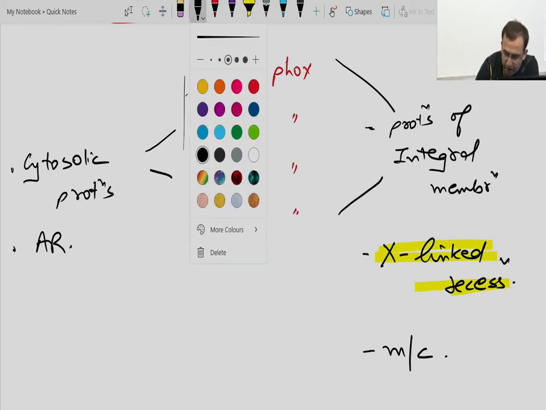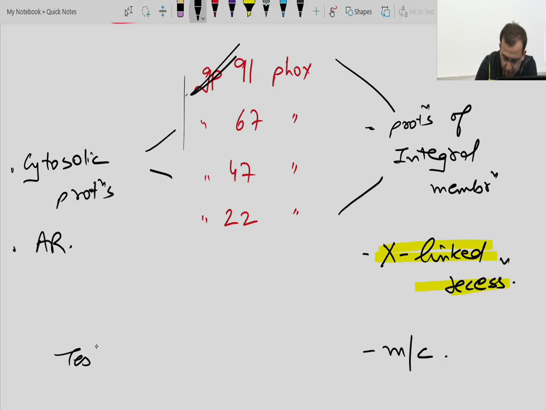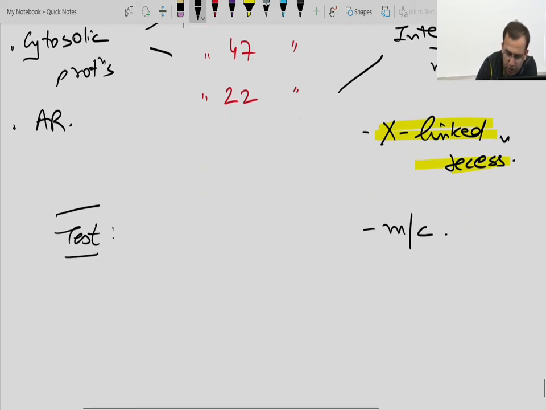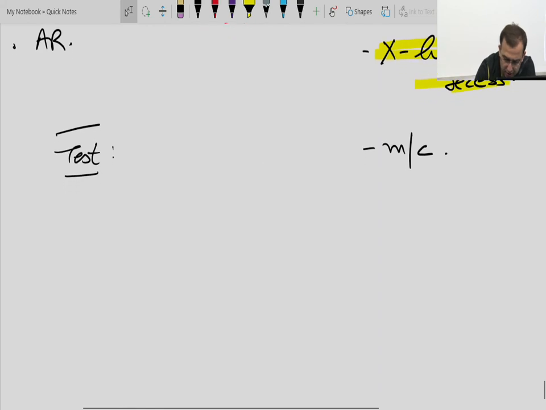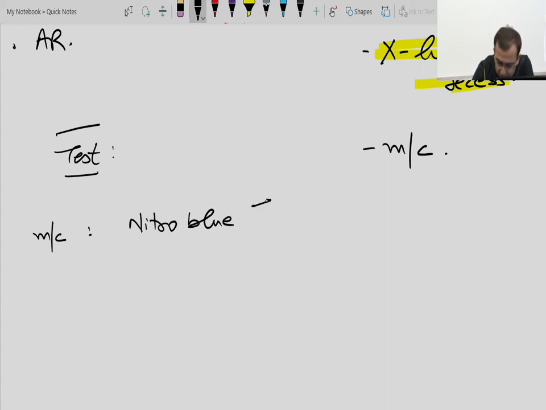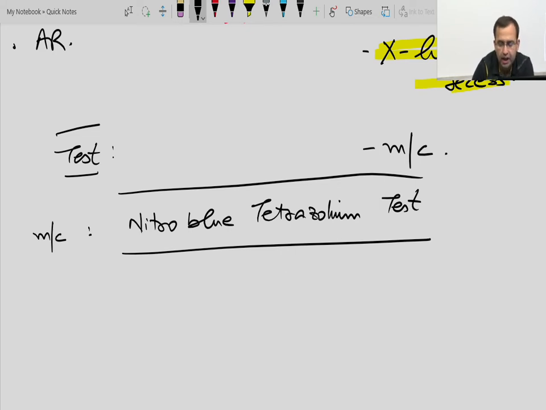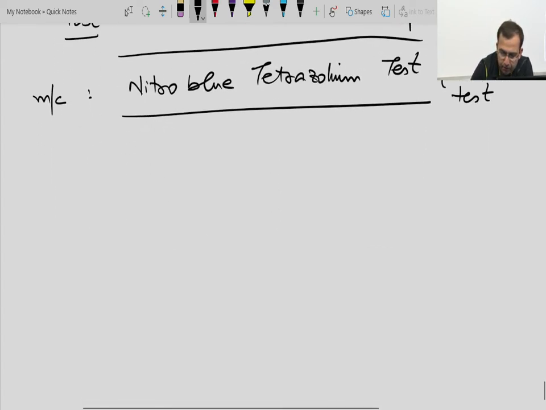Last point, the test used for chronic granulomatous disease. The most commonly used test is the nitroblue tetrazolium test, NBT.